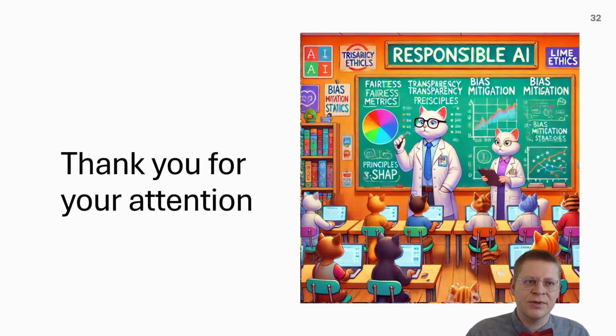Today, we have explored a world where technology meets ethics, innovation requires accountability, and AI becomes a tool for positive change. We have learned about the importance of ethics, transparency, reliability, and accountability, the 4 pillars of responsible AI. We have discussed techniques to mitigate bias, ensure fairness, and build trust through interpretability and explainability.